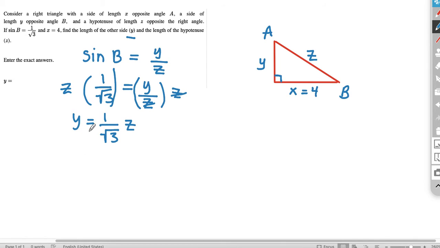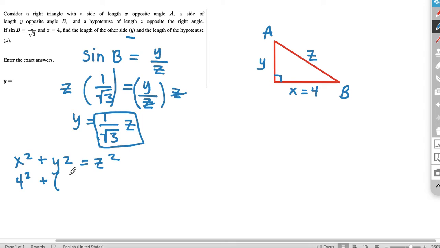So now we can substitute this in for y in the Pythagorean theorem. So Pythagorean theorem is x squared plus y squared equals z squared. So now we know x is 4, so 4 squared plus, and then y we have right here, and we're just going to square it.